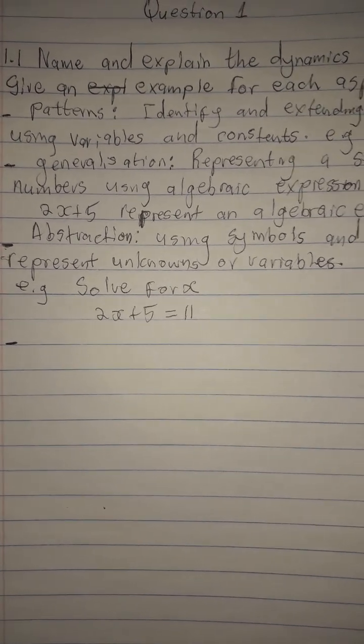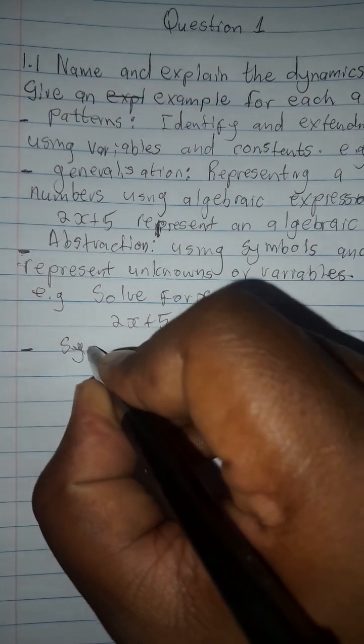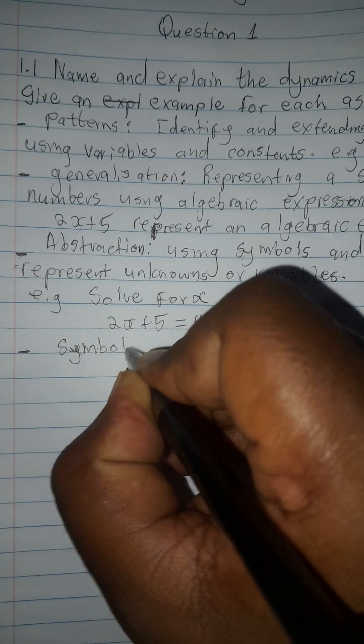Lastly, in terms of 1.1, it's what we call symbolic manipulation.